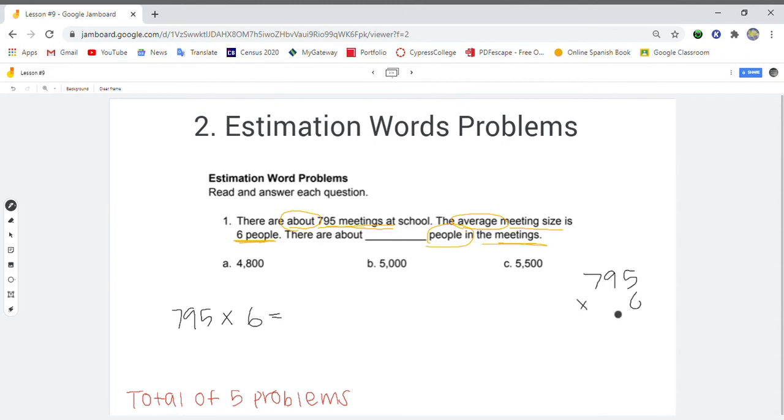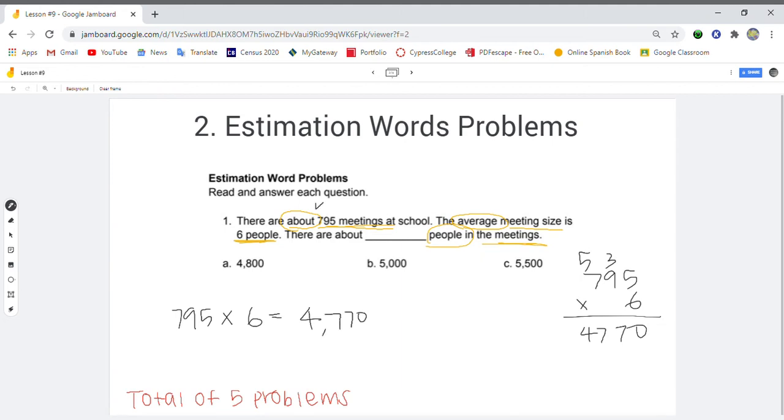We place them vertically, one on top of another, and then we do 6 times 5 first, which is 30, and we place it here. Next, we do 9 times 6, which is 54, plus 3, which is 57. Then we do 7 times 6, 42, plus 5, which is 47. So we end up with 4,770.